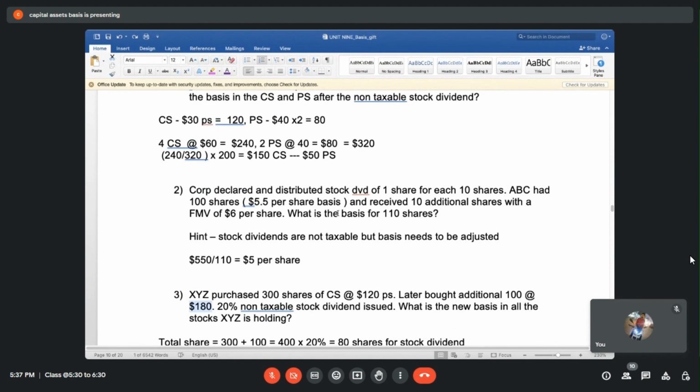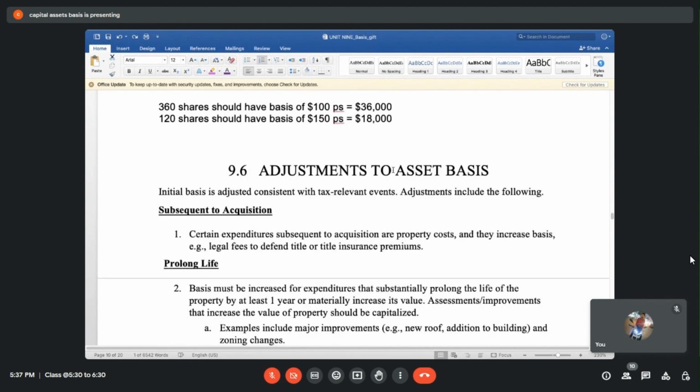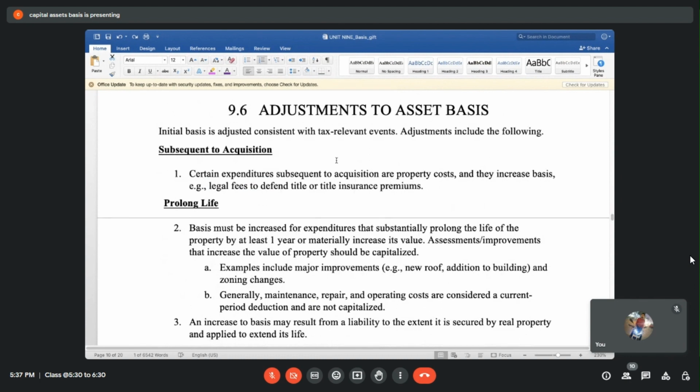But let's just continue here, and then we'll see what other adjustments we can make to the asset basis. The basis needs to be adjusted for certain tax related events. What can those be? Any acquisition, certain expenditures subsequent to acquisition of property, costs, legal fees, title insurance premium.